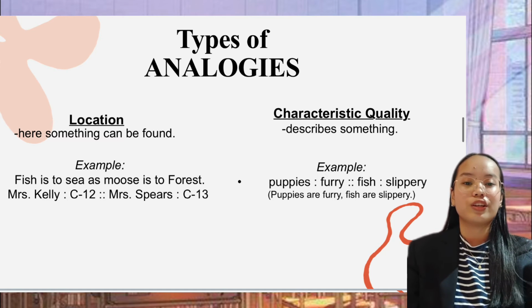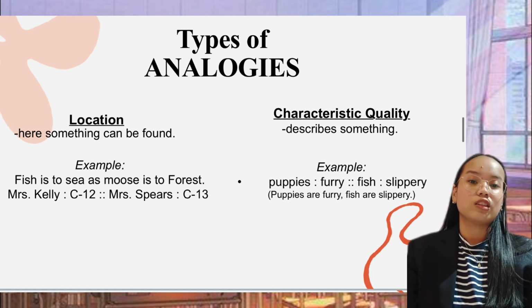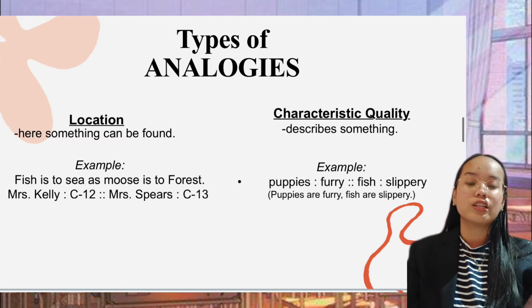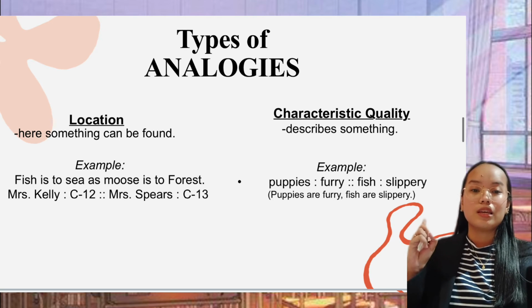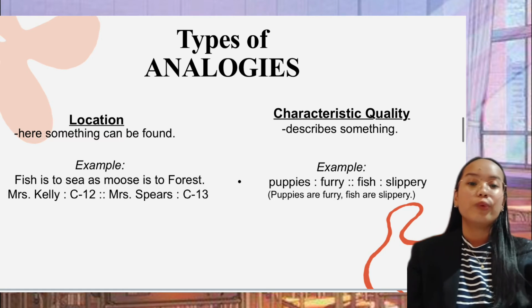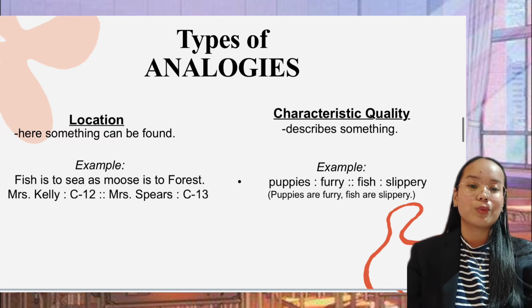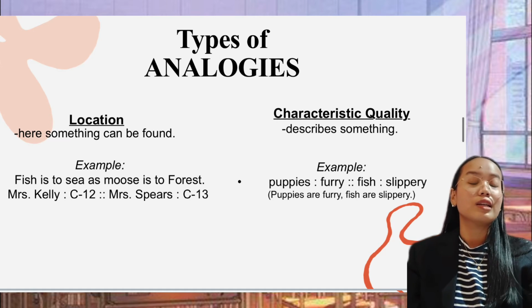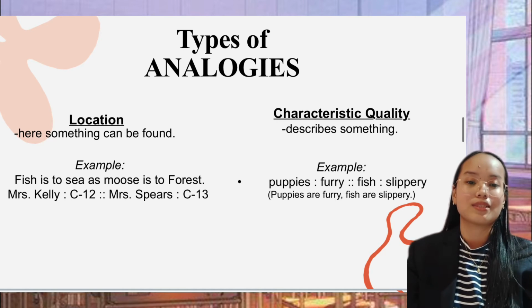In this relation, objects are designated in their most logical location, or where something can be found. For example, fish is to sea as well as moose is to forest. We know fish belong to the sea and can be found at the sea, as well as moose are found in and belong to the forest.